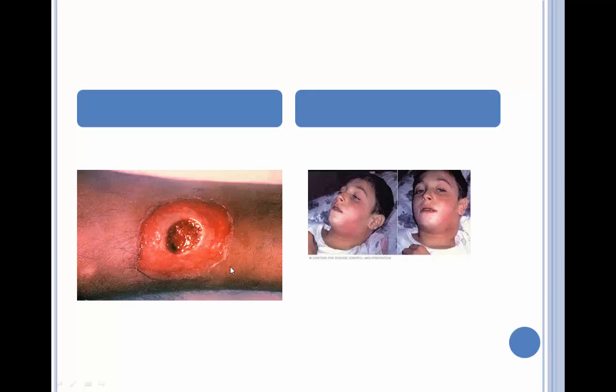This is the skin manifestation, which could vary in appearance, but most likely is a non-healing punched out ulcer looking with also the same grayish membrane. You don't see the membrane here because this was already cleaned, but it could also be presented as eczema, psoriasis, and it could even look like impetigo.